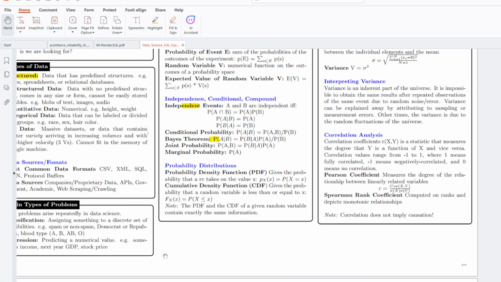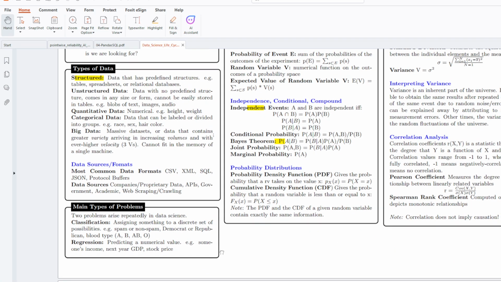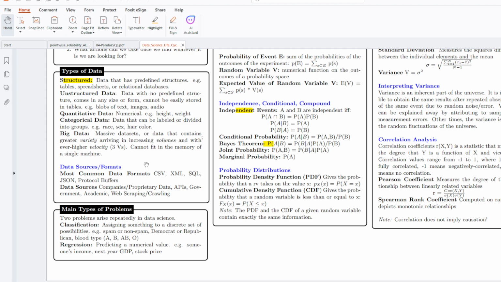The structured data are those data that have a well-organized form. Good examples are data that are stored in relational databases, spreadsheets, and tables.